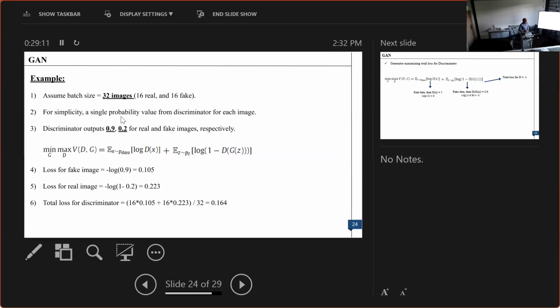If we substitute those probabilities in our equation, the log of 0.9 gives 0.05, and the log for the fake images gives 0.223. Now we are able to calculate the expectation and the total loss. So the total loss is 0.164.